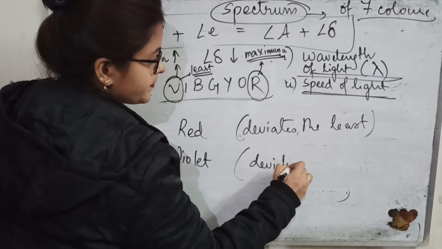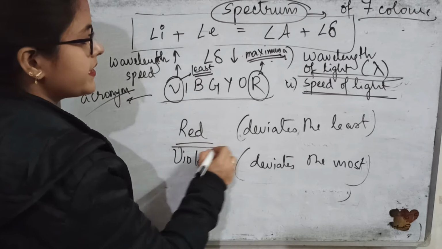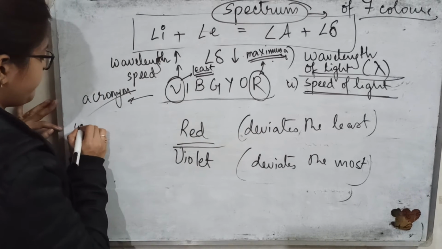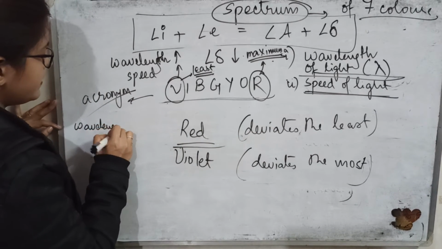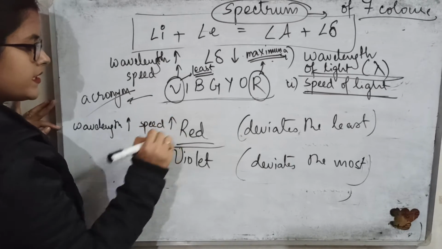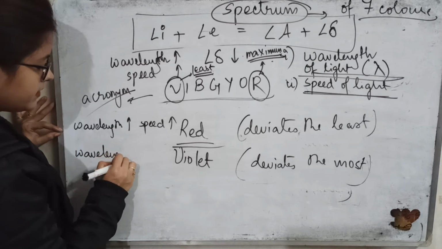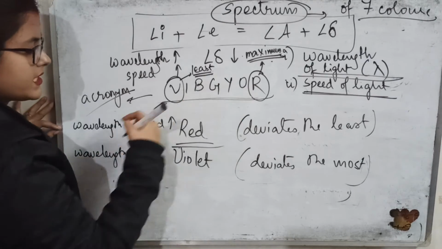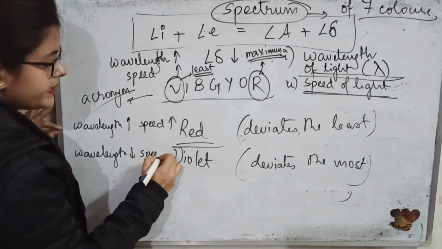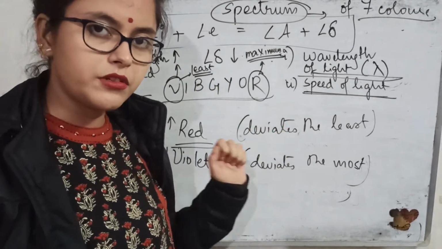deviates the most. Now, why does red color deviate the least? Because its wavelength is maximum and its speed is also more, and violet, its wavelength is minimum out of these 7 colors and its speed is also the least out of the 7 colors of light.